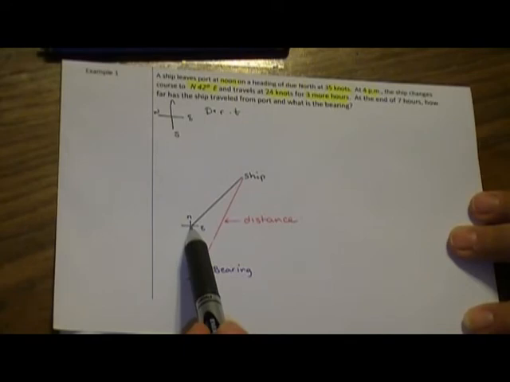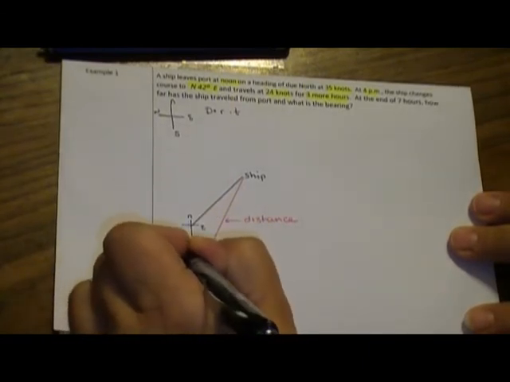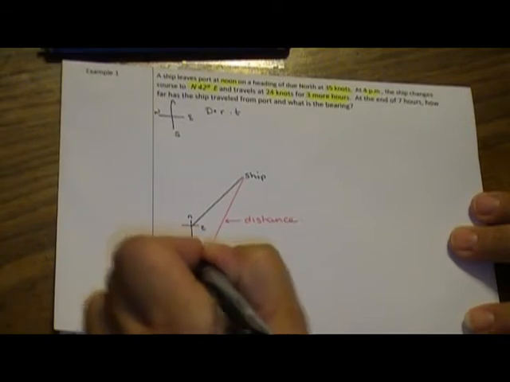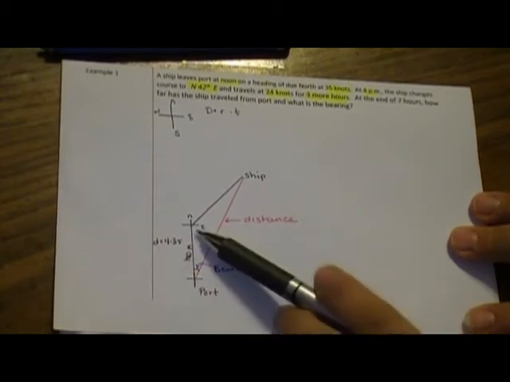Remember, the ship left at noon, and it traveled till 4 o'clock before it switched directions. So this is 4 hours at 35 knots. So our distance is going to be 4 times 35, which is 140 nautical miles. Then it switched directions.